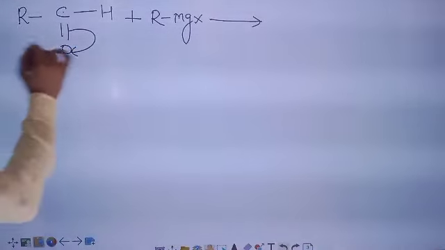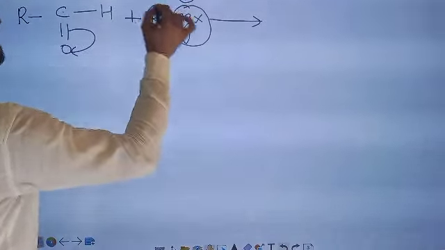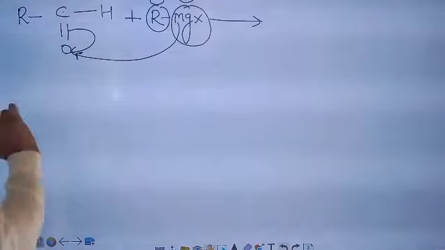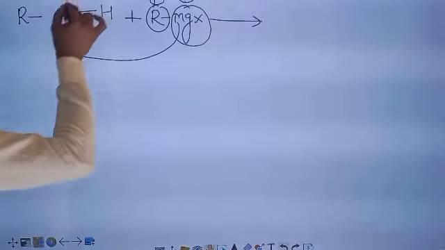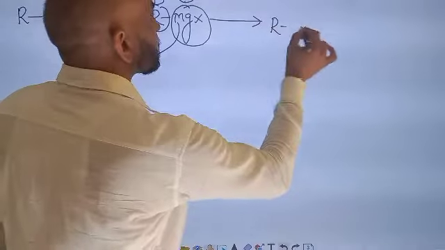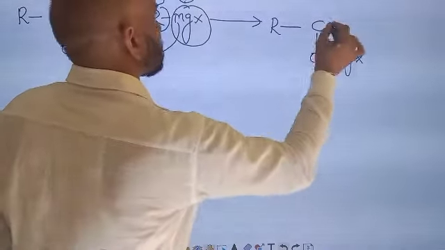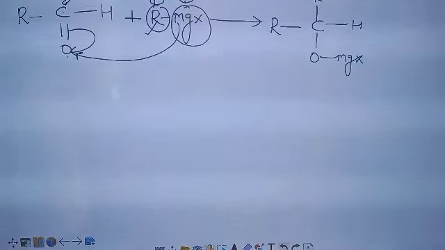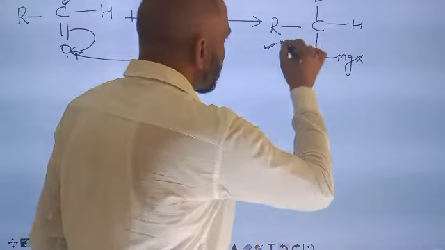So oxygen attaches to the MgX due to its positive charge, and R attaches to the carbon atom. Now the adduct is R, C, O, MgX, with H and R attached to the carbon. It's also an adduct.